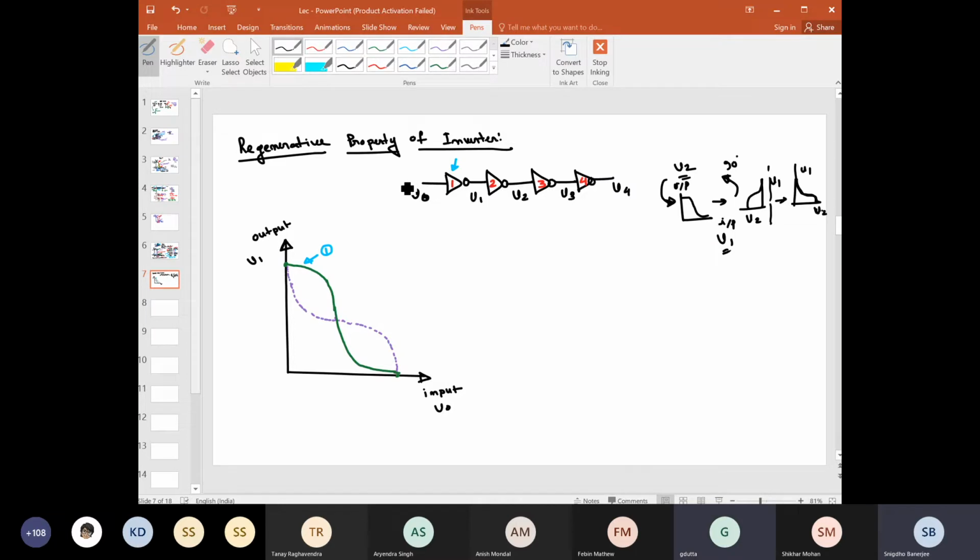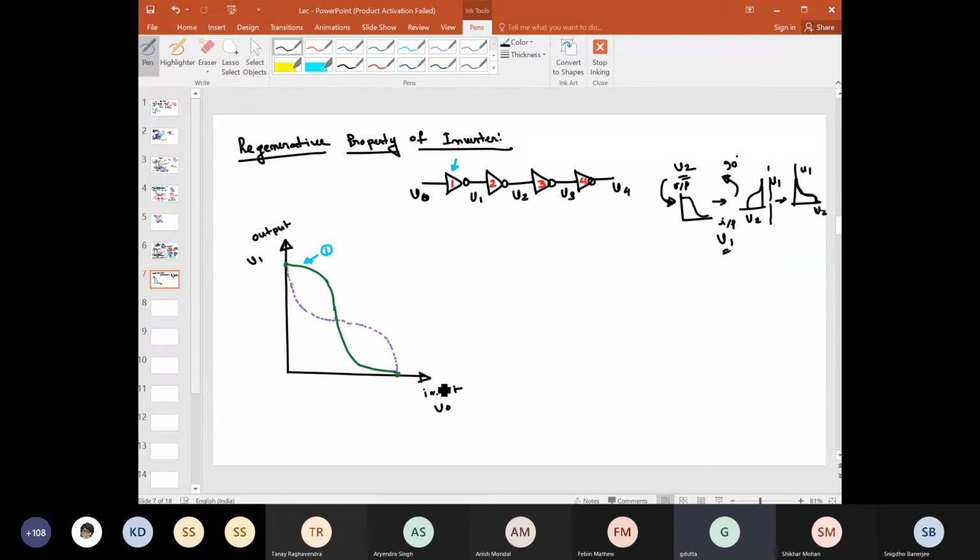They're identical. Let me put it in this way. Suppose here we are plotting this output. For the first case, do you agree with me that it will be V1 and V0? Output will be here, input will be here. Let us not go by V1 and V0; let us consider it from the output perspective.